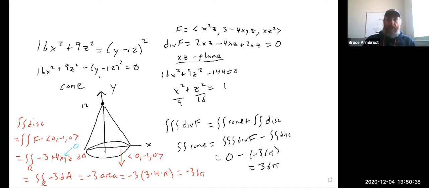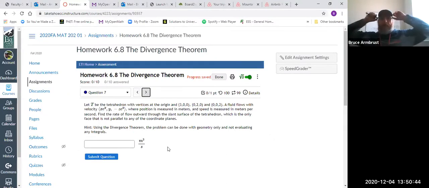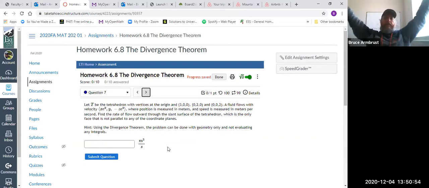I remember number 7 had something about a tetrahedron. Okay, so T is a tetrahedron with vertices at the origin and at (3, 0, 0), (0, 2, 0), and (0, 0, 2). A fluid flows with this velocity, so that's our field. Position is measured in meters, speed in meters per second.